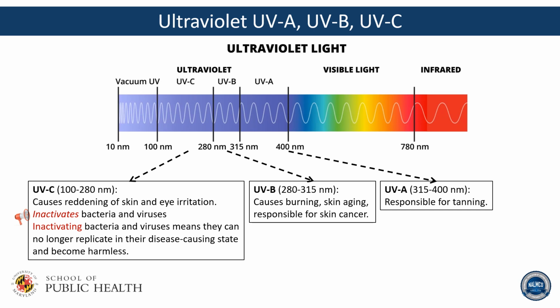It also inactivates bacteria and viruses. So inactivating bacteria and viruses means they can no longer replicate in their disease-causing state, and it renders an organism harmless. So the UVB region causes burning, skin aging, and is responsible for skin cancer. UVA is responsible for tanning.